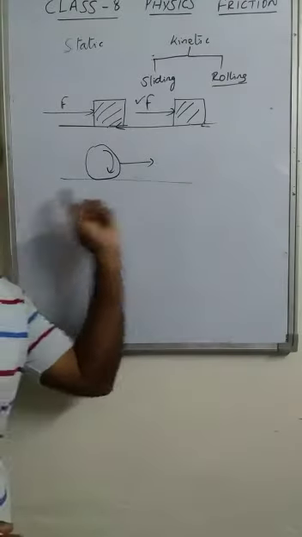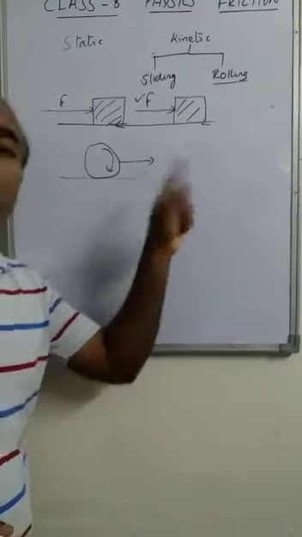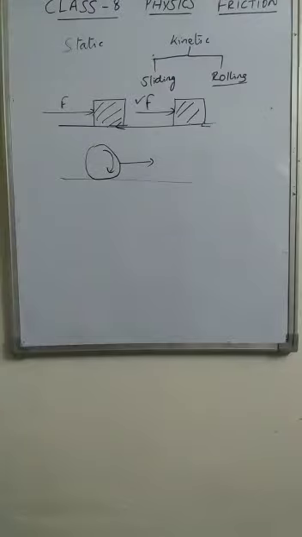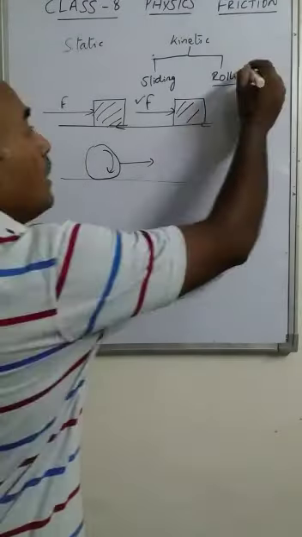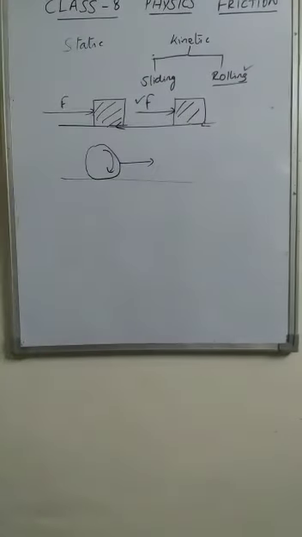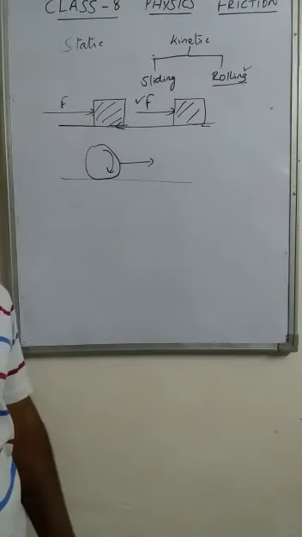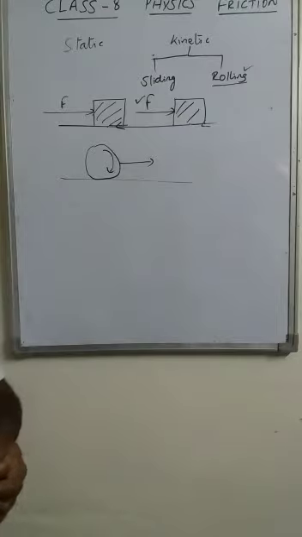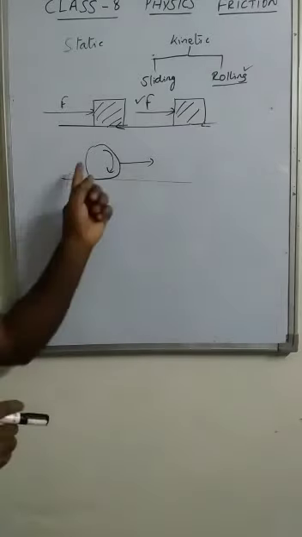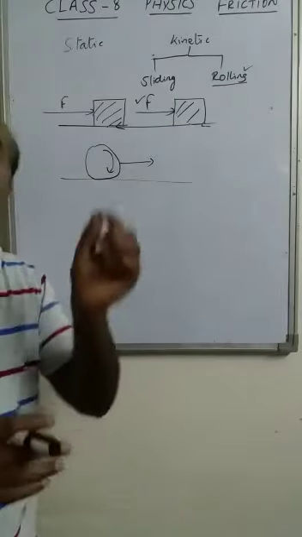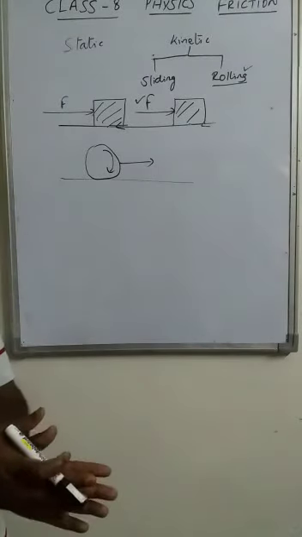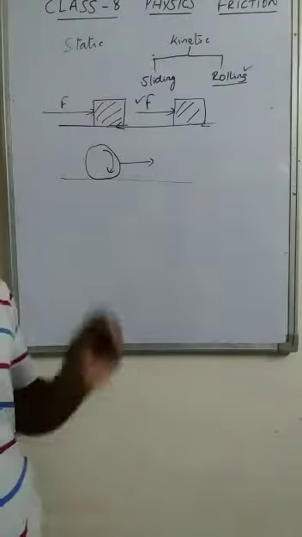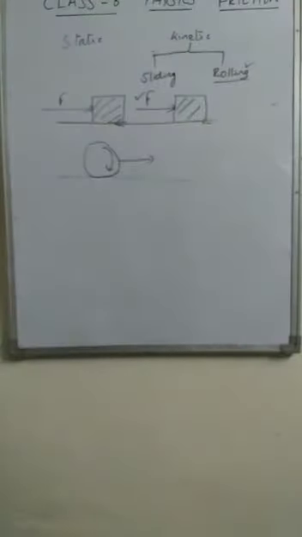We always prefer to move this object by the rolling method only. Why is it so? Because in rolling, the friction acting between the two surfaces is least, minimum. If the friction is least, then minimum force is required to move the object.